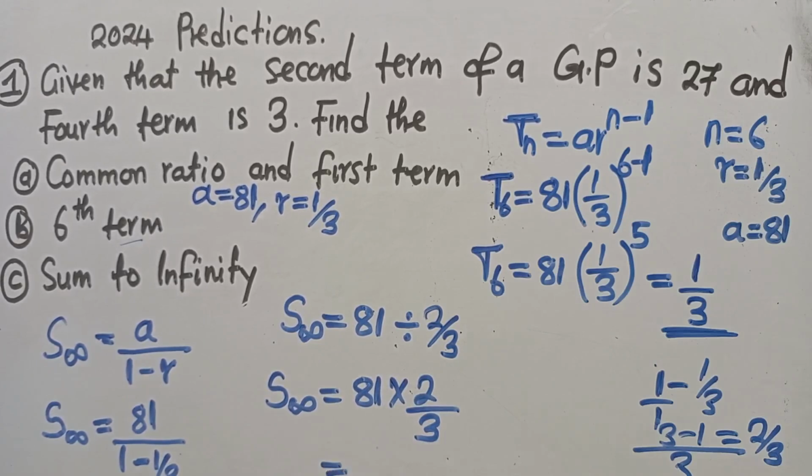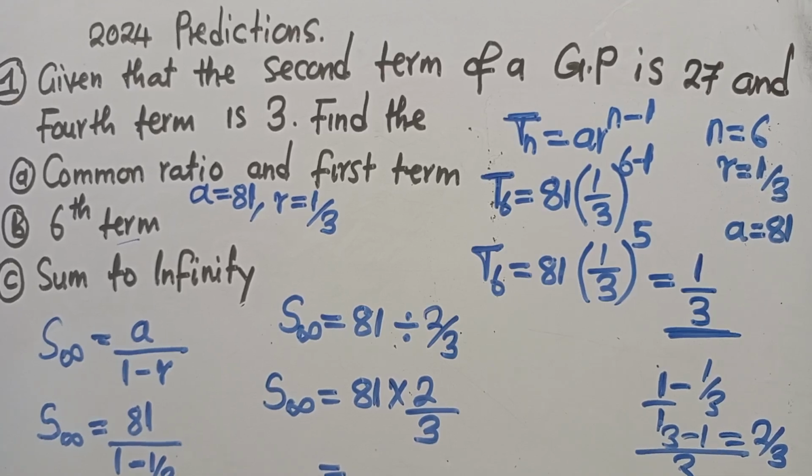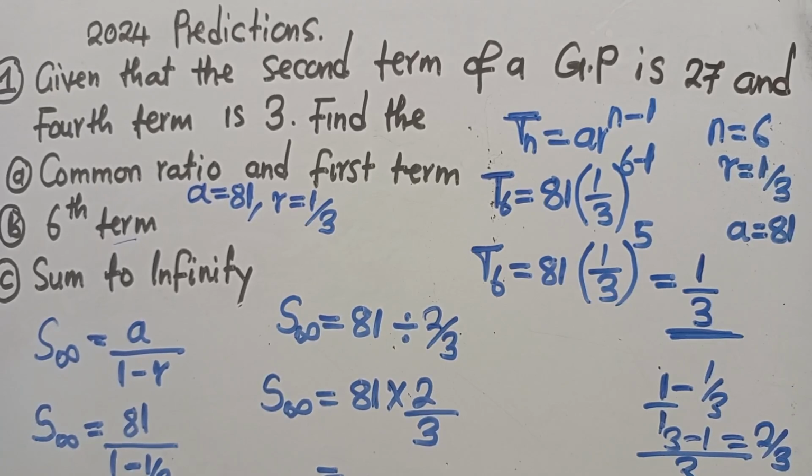What answer am I going to have there? 81 times 2 gives me 162, and I divide by 3. I'm getting 54. So 54 is the sum to infinity.